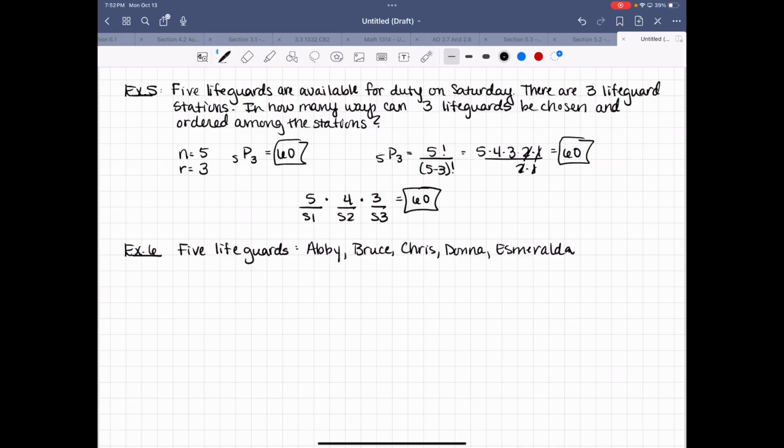Okay? We have 3 stations. It is north, middle, and south.